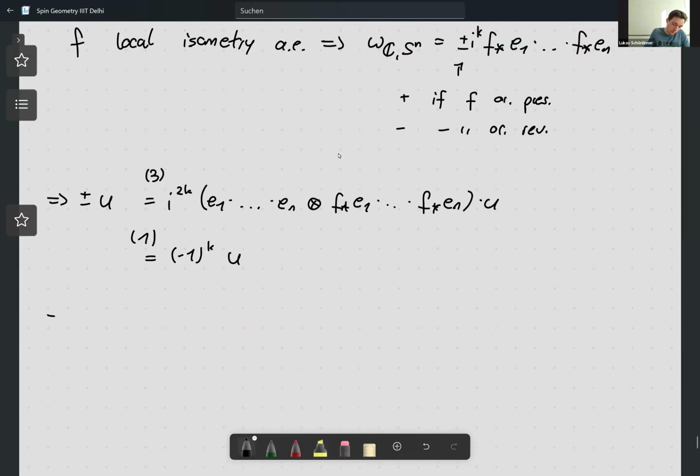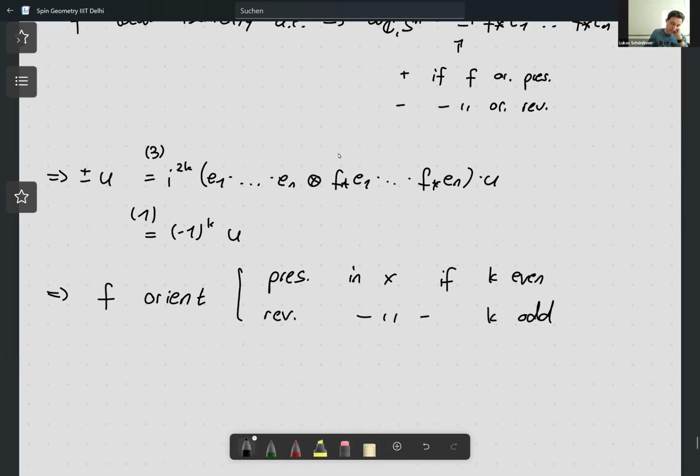Now we just compare these two sides and see that f is orientation preserving at x if k is even, and reversing if k is odd.